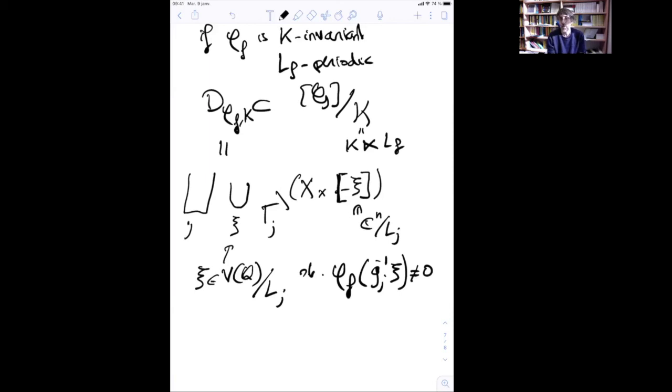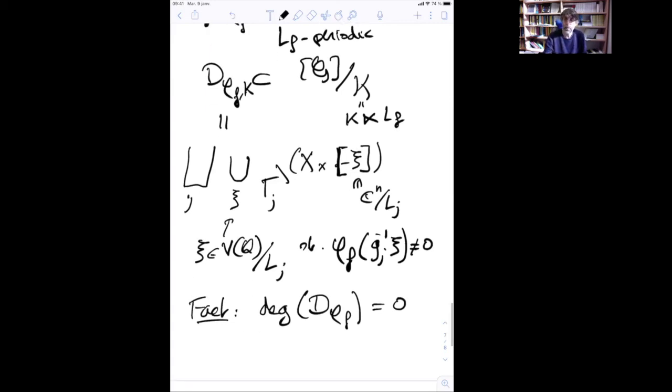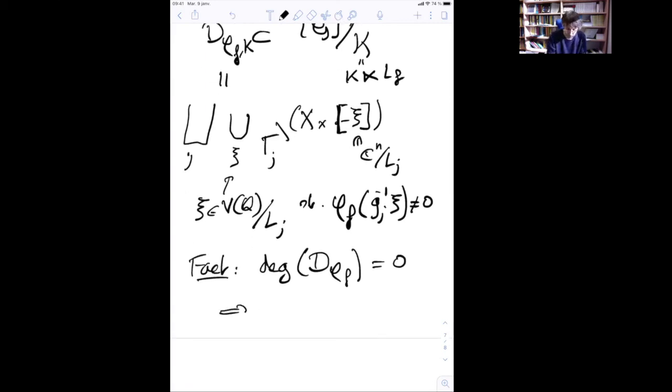So it's really a way of reformulating this divisor I already discussed sooner, and the fact, which is really a simple fact to check but I will just admit it now, is that the degree of this divisor is 0 if and only if the average of phi f, in other words the Fourier transform of phi f evaluated at 0, is 0.